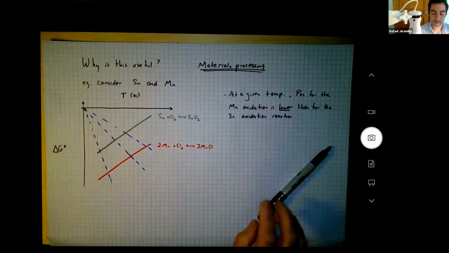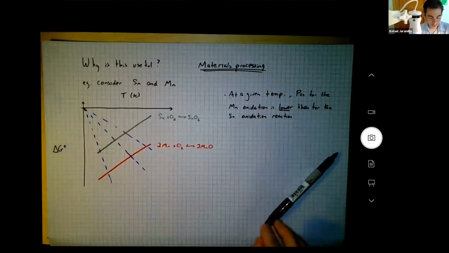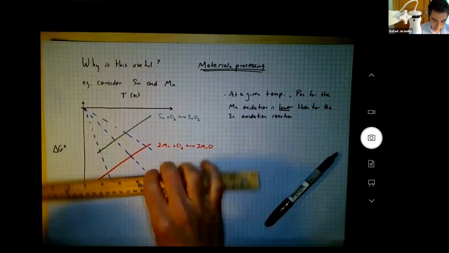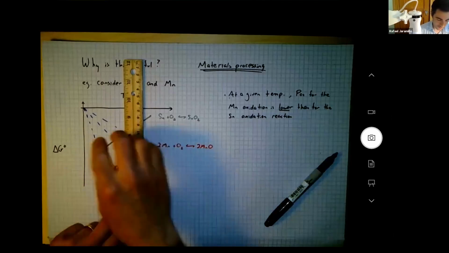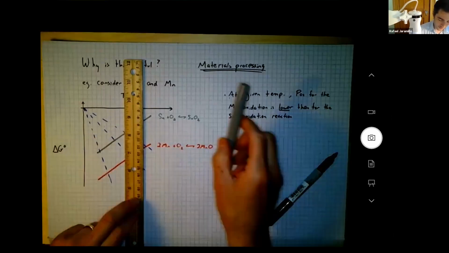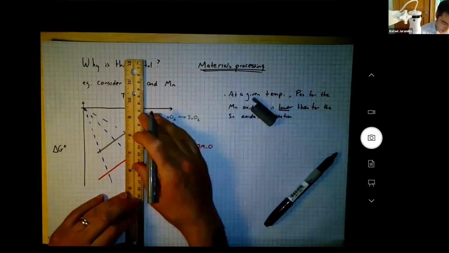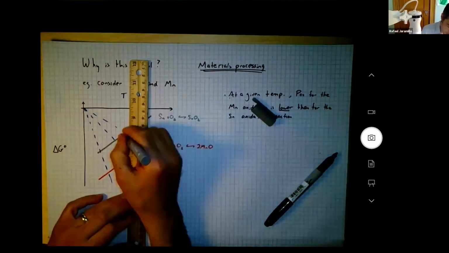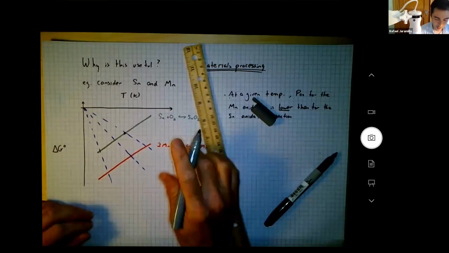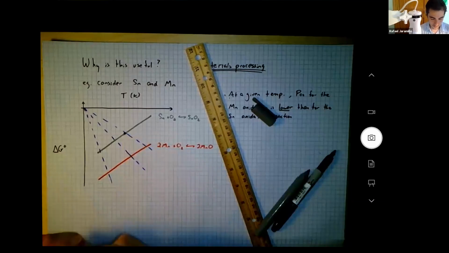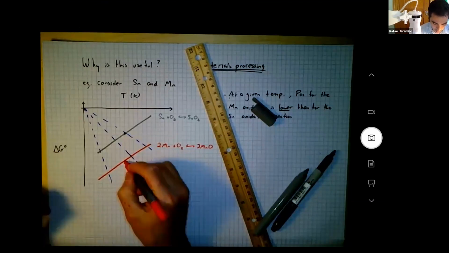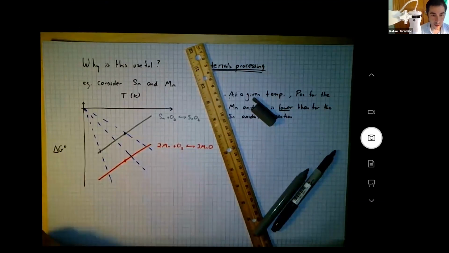That's a useful fact. How do I see that? Let's say at a given temperature, let's say that temperature here, I have this point on the tin oxidation line, and this point on the manganese oxidation line.